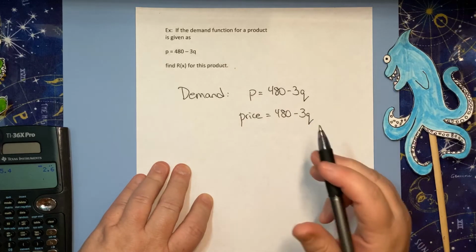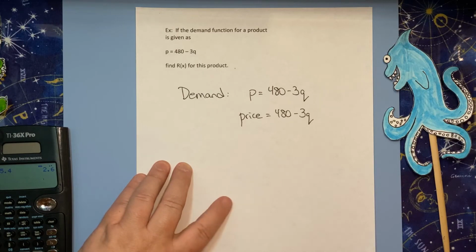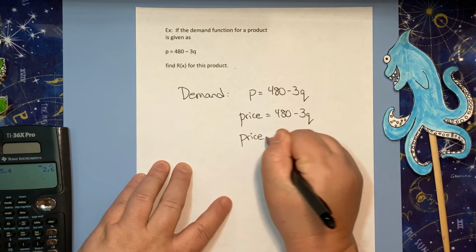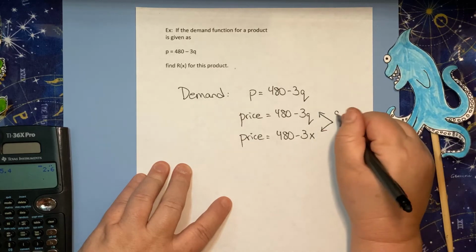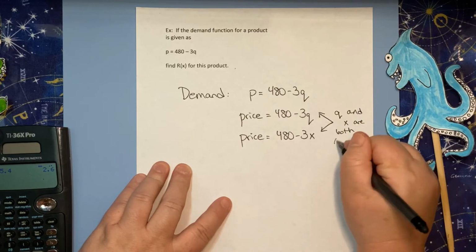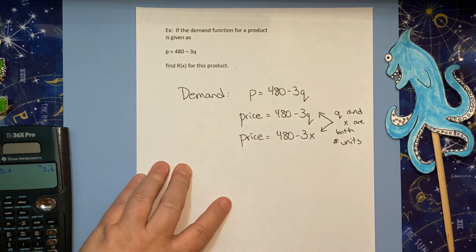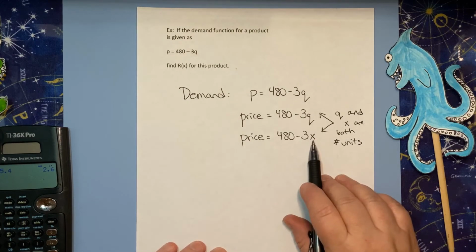Now, this is a very particular situation, supply and demand curves, and they are done in a very traditional way with P and Q. But in fact, Q represents quantity, which means that Q is just X. So in our setting, when we're talking about revenue and cost and profit, our X is just the quantity.